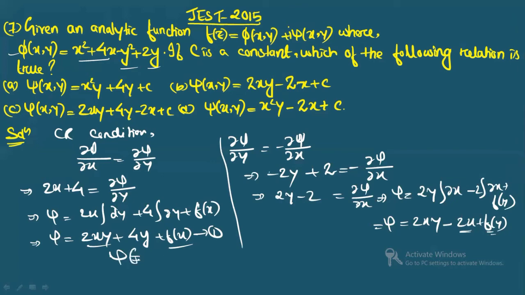Psi will be equals to, as a function of x, y, 2xy is twice, so I'm writing once, plus this will give you 4y, right? Next you are getting minus 2x plus this is c, the constant. So finally what you got? Option C, 2xy plus 4y minus 2x plus c. Simple. So this is not a very complicated calculation. The calculation was quite simple.